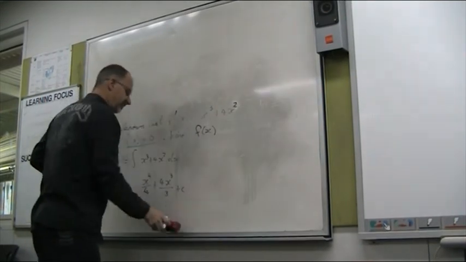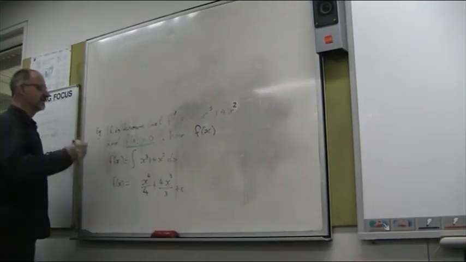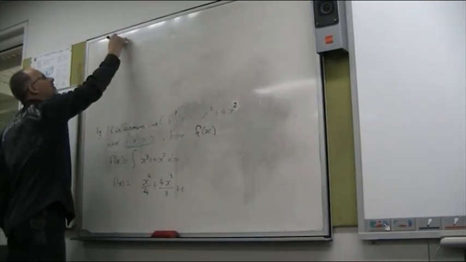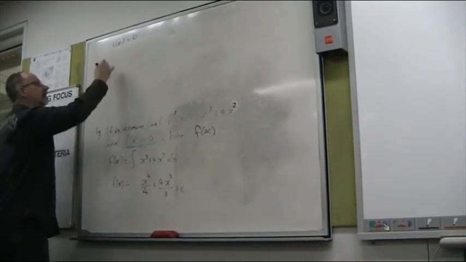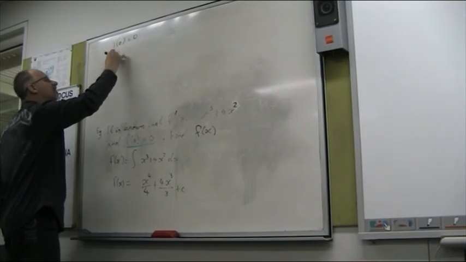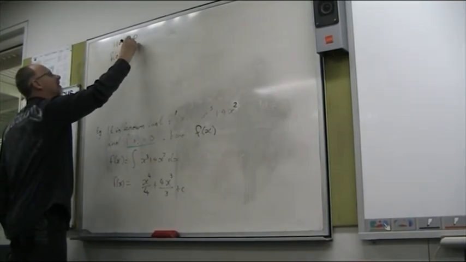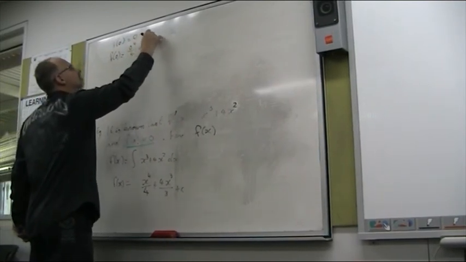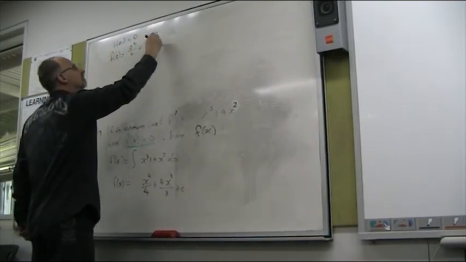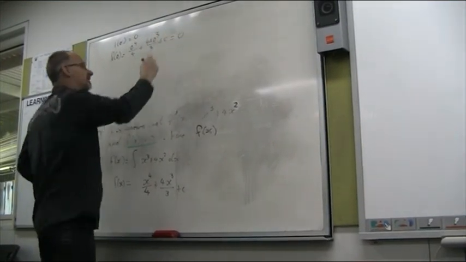It could be f of anything equals anything, but in this case we know that f of 0 equals 0. So what does that mean? Well, f of 0 means stick 0 in for x. And we know that's equal to 0.